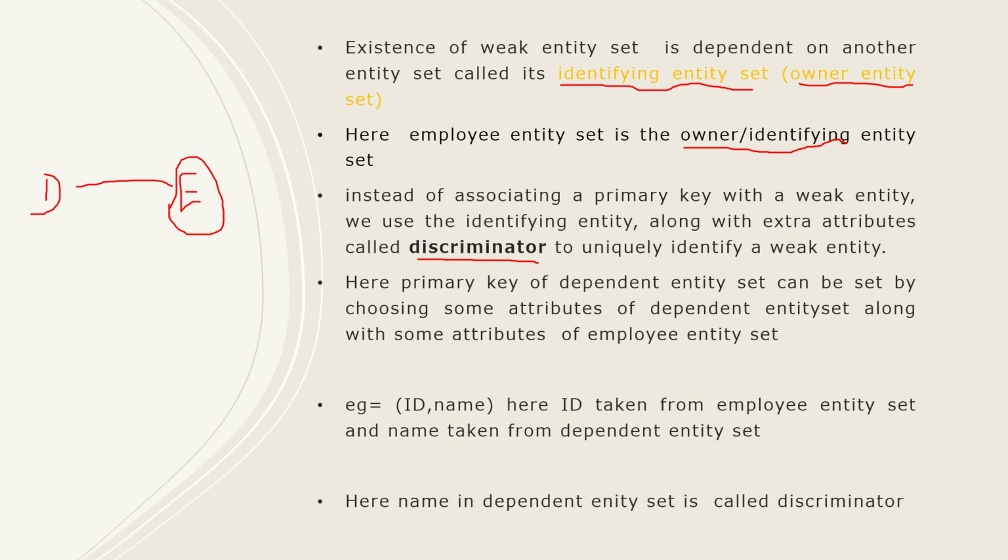So if you want to create a primary key for this weak entity, we will take some extra attributes from this weak entity set, which are called the discriminator, and to this discriminator we will add the primary key of the dependent relationship. This combination can uniquely identify each and every entity in the dependent entity set.